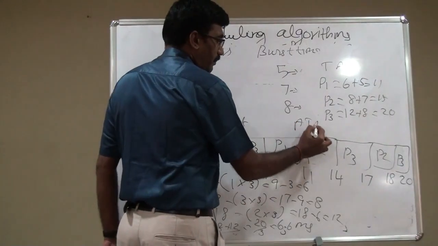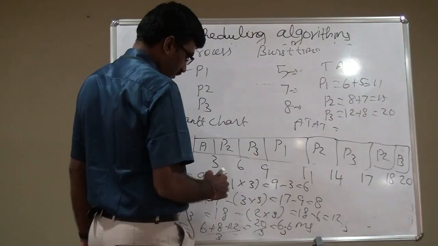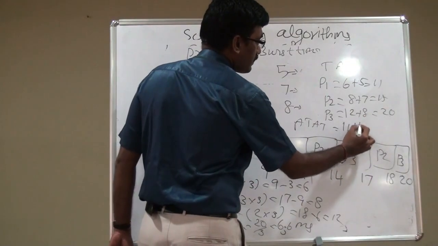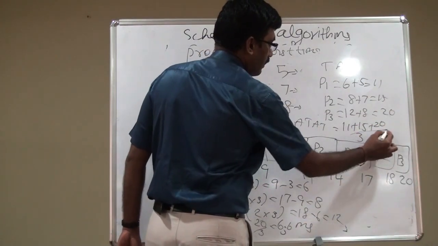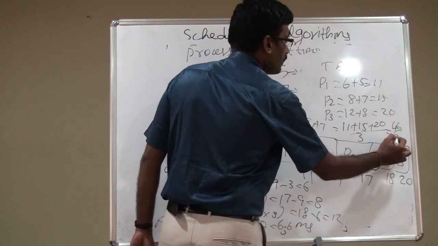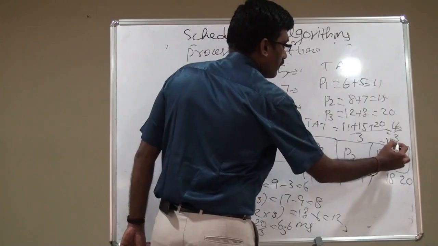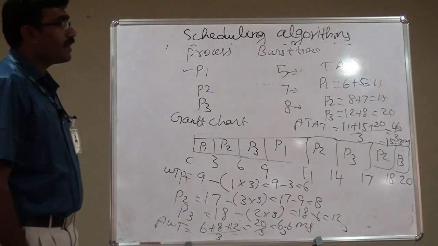Average turnaround time for this process: 11 plus 15 plus 20 by 3, 46 by 3, 15.3 milliseconds. So this is the round robin process.